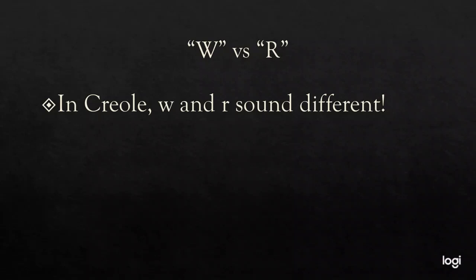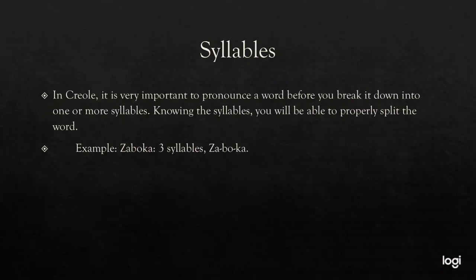The R is pronounced from your throat. We say "rat," and we say "wood." Rat, wood. It's very important. And I think that's it. Oh, sorry, we have that last slide.